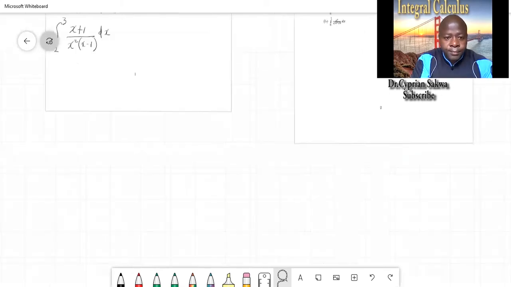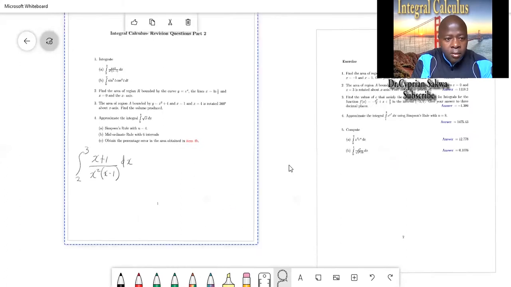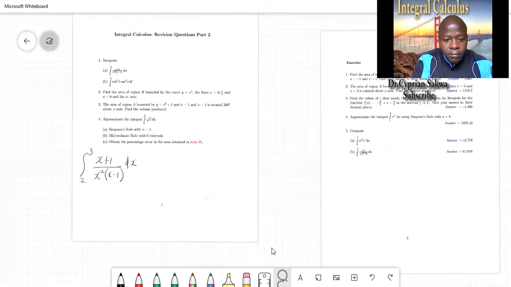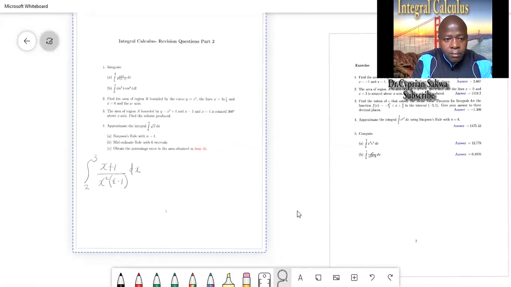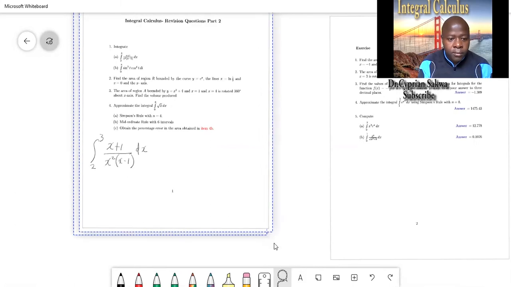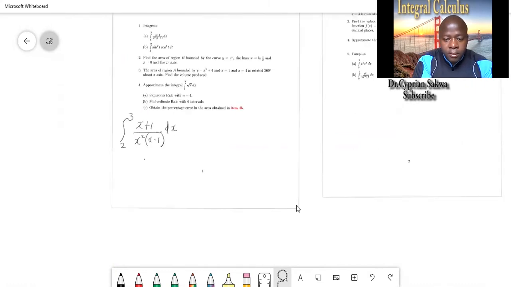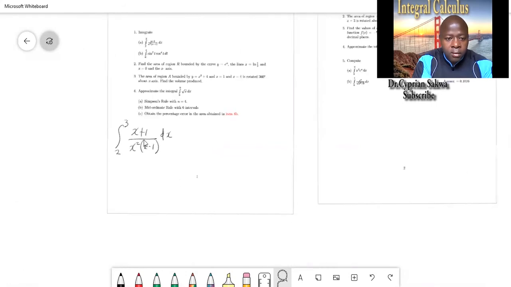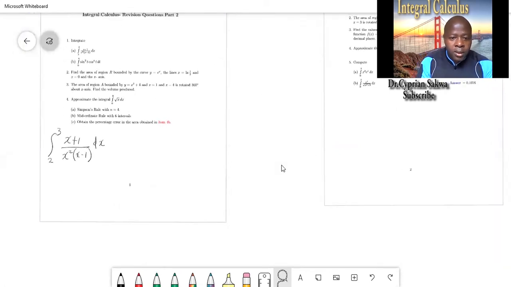Now the next question, enlarge this a bit. We're supposed to integrate this.